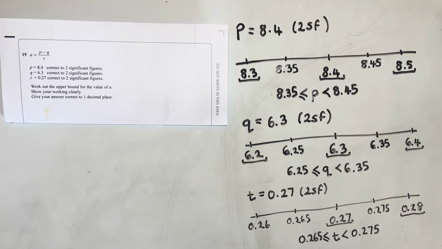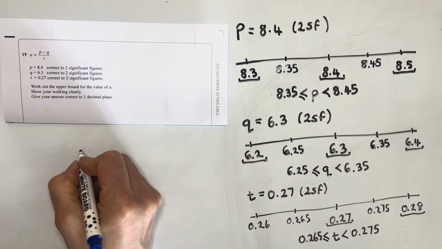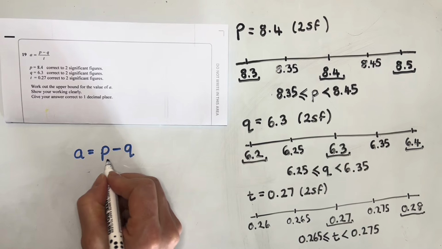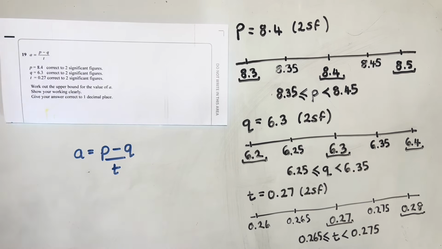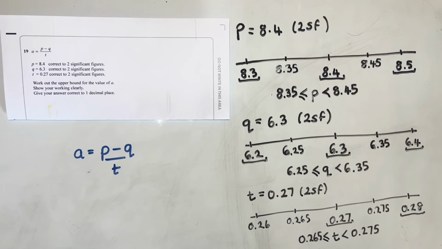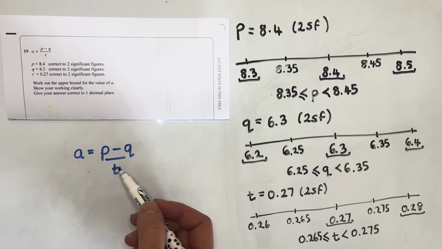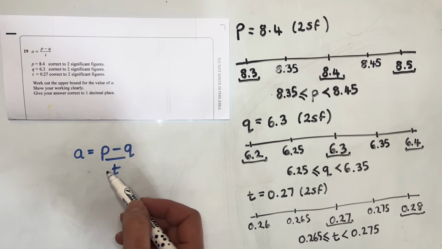We're asked for the upper bound of A, and A is equal to P take away Q all over T. To get the largest value of A, we need to find the biggest value for the top and the smallest value for the bottom.